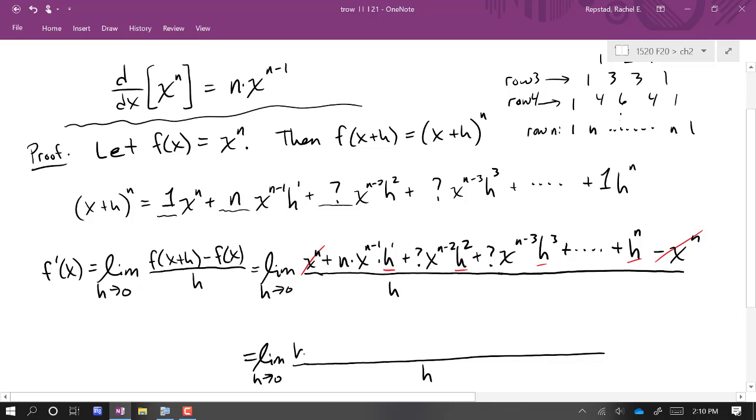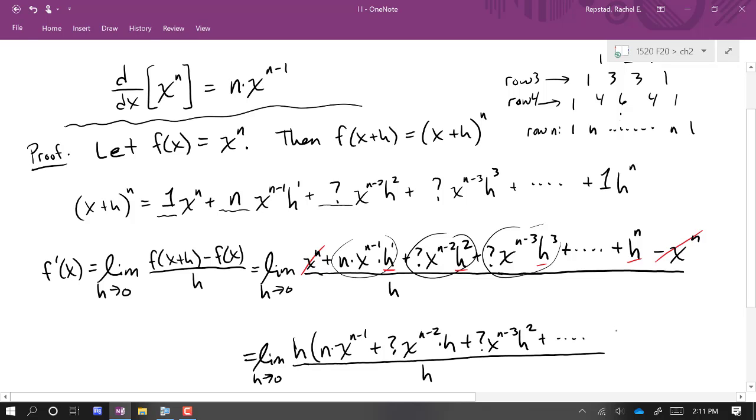If I take out the h, then what we have left inside, well, this first term is n times x to the n minus 1. And then we have some unknown coefficient; if I take out an h there, I have x to the n minus 2 times h. And then I have some unknown coefficient here, x to the n minus 3 times h squared.